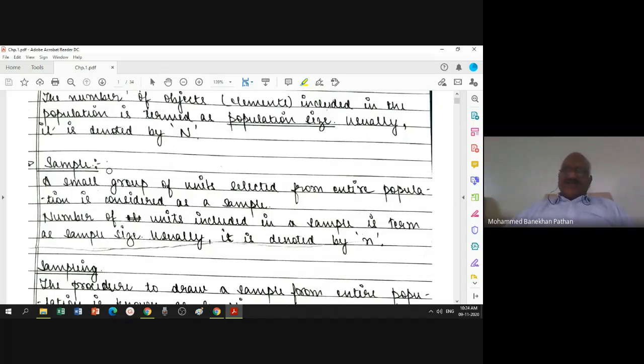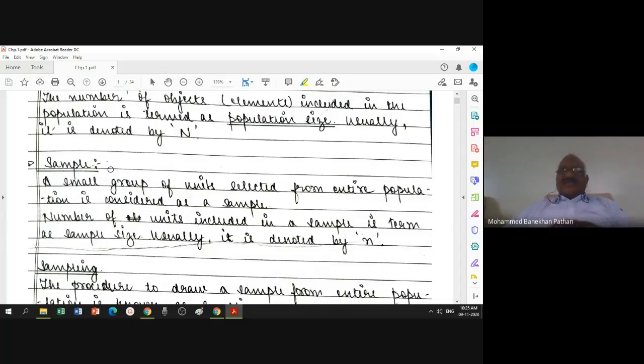So the patient goes to the lab, and in the lab, a little part of blood is taken from the body, and by analyzing it, he draws the conclusion about what type of disease that patient carries.